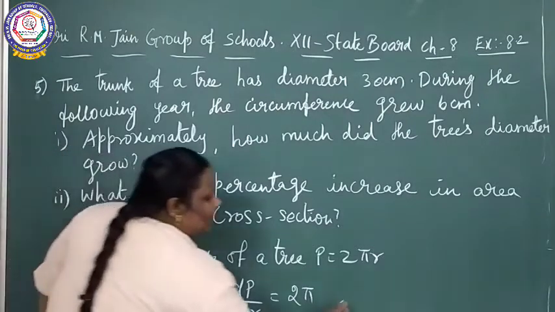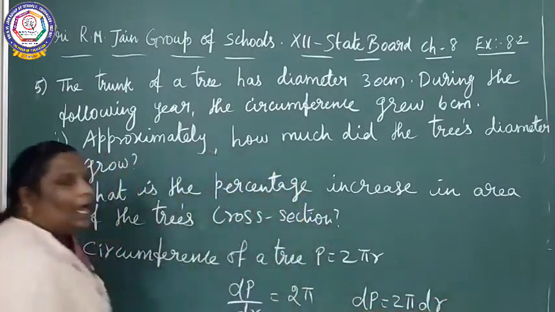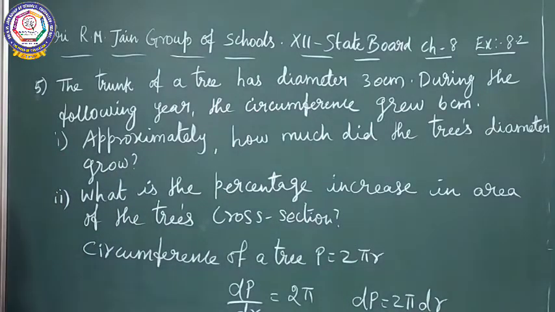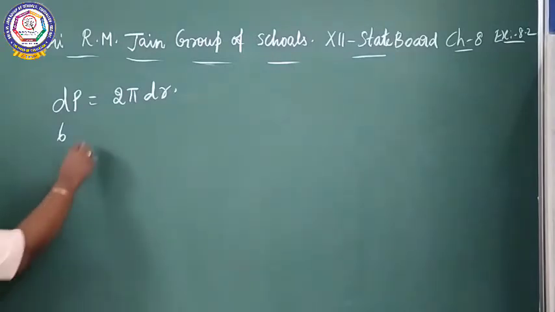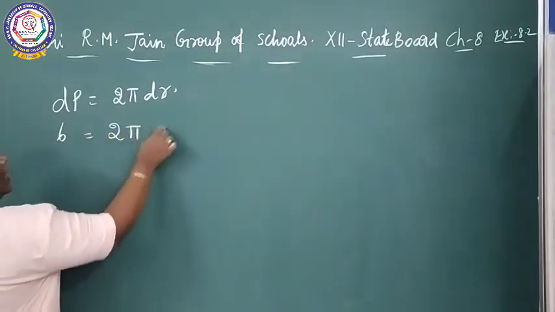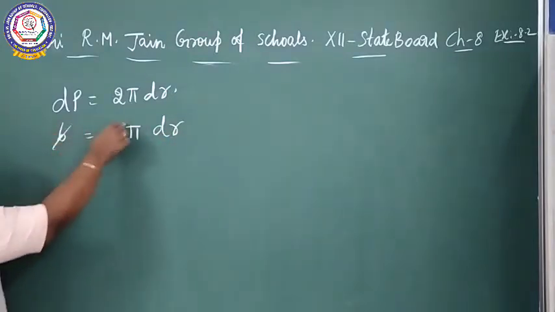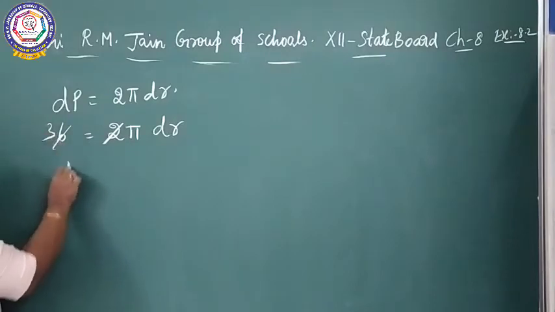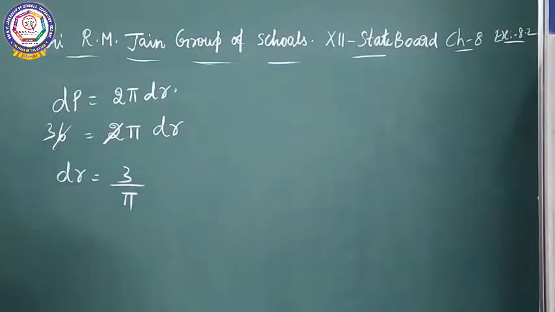What is dp? dp equal to 2 pi into dr. dp is what? It grows 6 centimeter. So 6 equal to 2 pi into dr. So dr equal to 3 by pi.